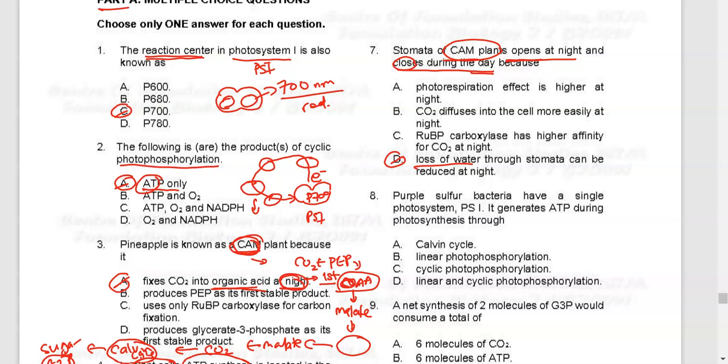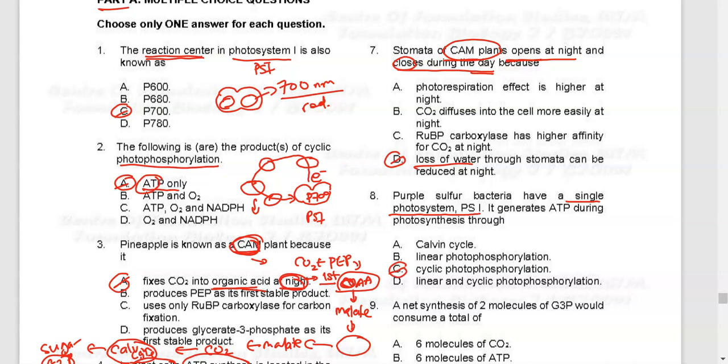Purple sulfur bacteria have only one type of photosystem, which is PS1. It generates ATP during photosynthesis through cyclic photophosphorylation.